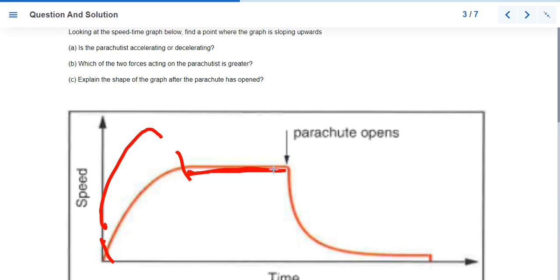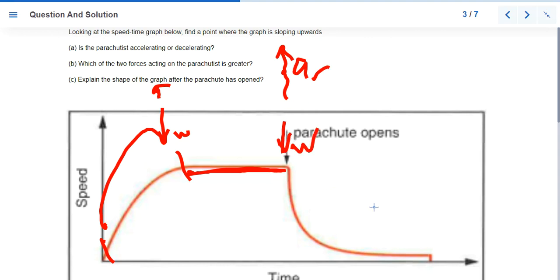Now, which of the two forces acting on the parachutist is greater? By way of descent, when it first started, the weight was greater than the air resistance. But later on, by the time it was about to finish its descent, the air resistance became greater than the weight.